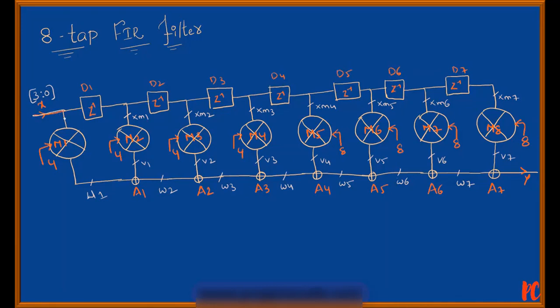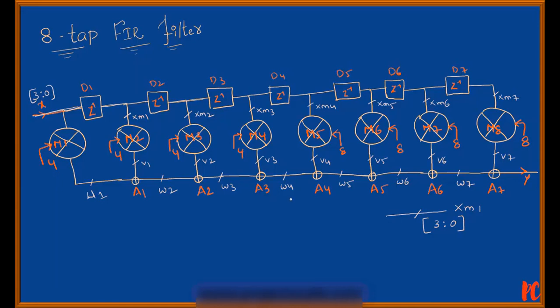Now here, if you observe, since the input I am getting from here is X, which is of 4-bit, every point that is connected will be 4-bit, right? So all the data that is being transmitted here, with certain delay it will move to here, again with certain delay it is going to move further. So for XM1, the range will be lying from 3 down to 0, which is nothing but 4-bit.